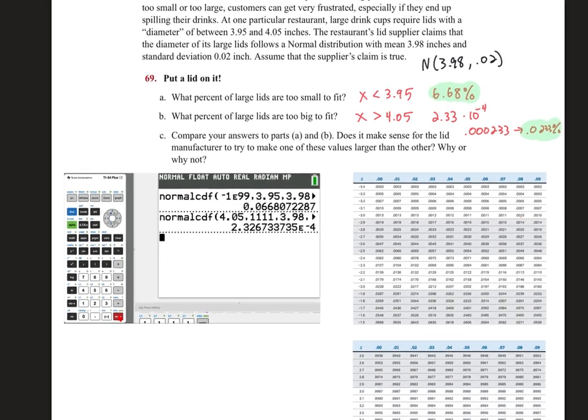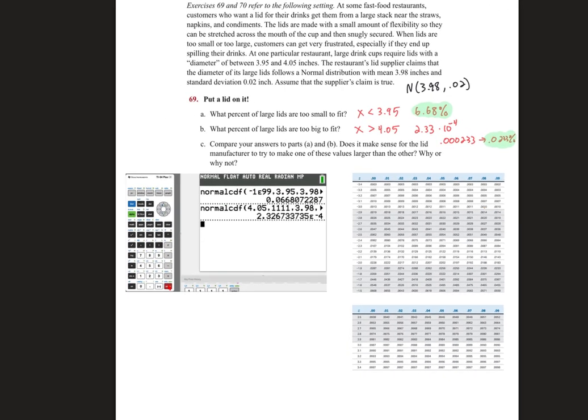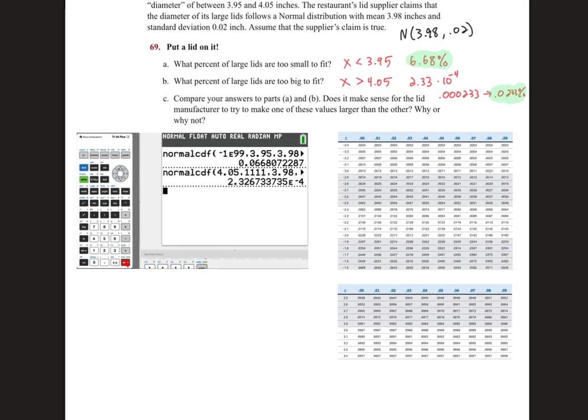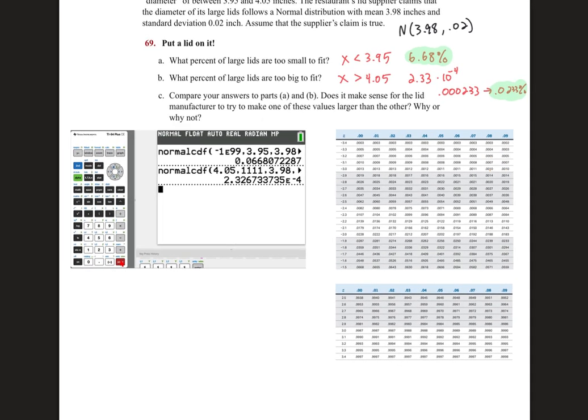All right, so if we were going to do it the z-score way, or table A way, using z-scores. So for part A, too small is less than 3.95. So let's find the z-score associated with that. So that value minus the mean over the standard deviation.